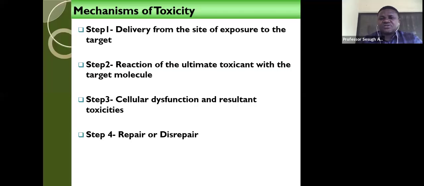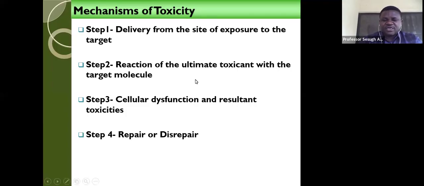If you do not come in contact with it, there's no way it can react or cause injury, and so on and so forth. So the first point is that the chemical has to be delivered. So when it is delivered on the site of exposure, then it reacts.